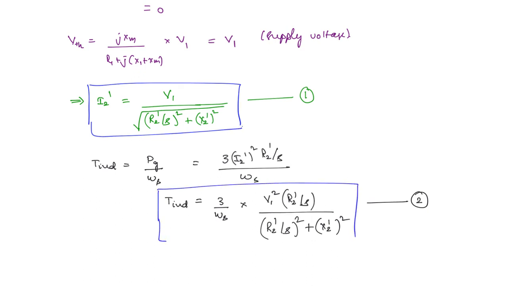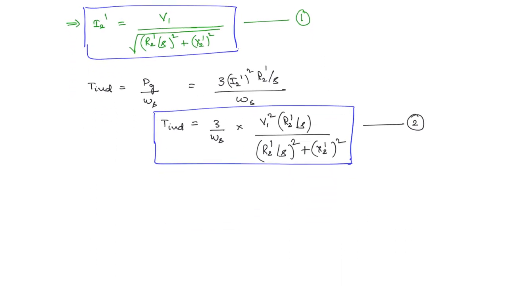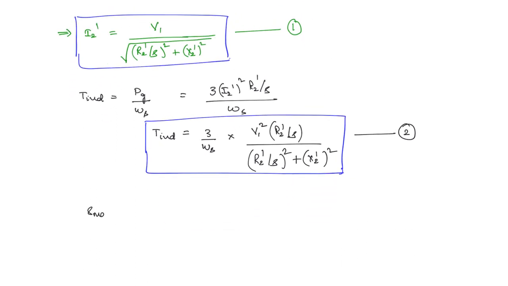Now what about the slip at which maximum torque occurs? We know that S max is equal to R2 dash divided by root over RTH square plus (XTH plus X2 dash) whole square. Now RTH and XTH are equal to 0 with the given approximation. So we are going to get S max is simply equal to R2 dash by X2 dash.